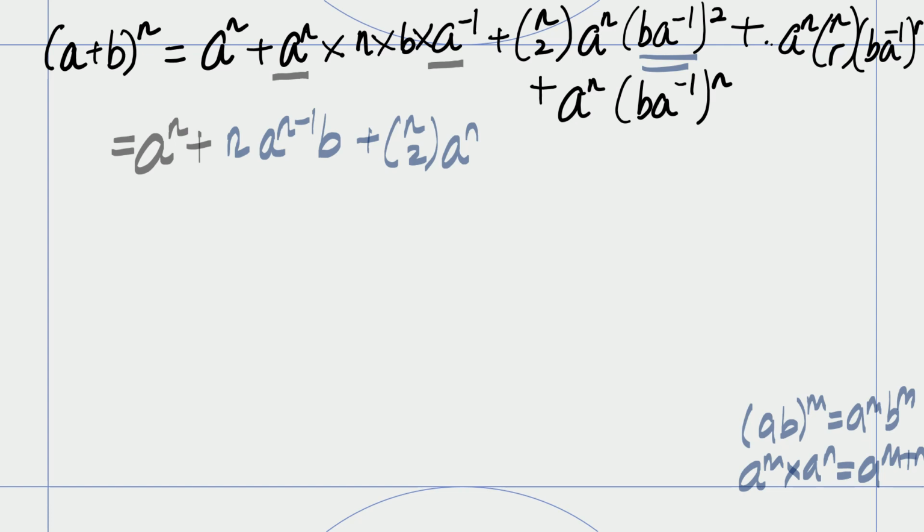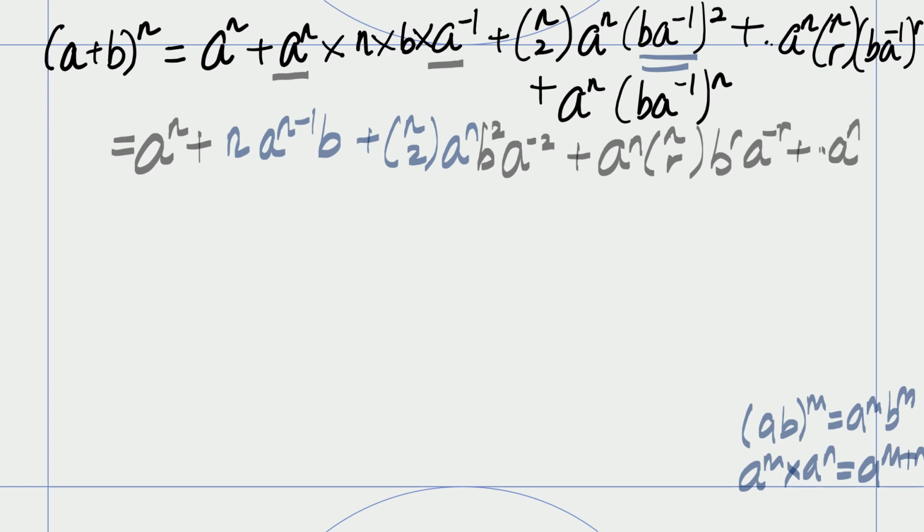So that will give me b to the power of 2, then a to the power of negative 2. Likewise for the next term, b to the power r, a to the power of negative r, followed by the last term, b to the power n, a to the power of negative n.